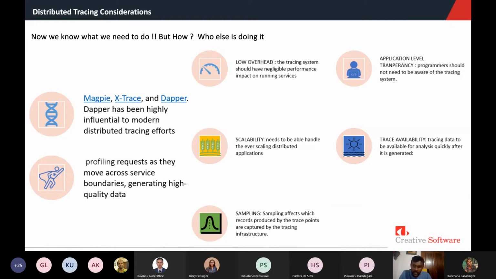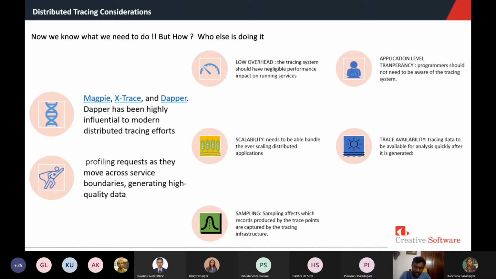Then you need application-level transparency, where the underlying distributed tracing infrastructure, or the way the traces are collected, whether the collectors can collect the traces or not, shouldn't be visible to any of the application logic that's running. The application should be able to continue with its own work, whether the tracing system worked or not. That has to be carefully planned and designed: whether the tracing system works or not, the application cannot be interrupted, but we should still be able to collect the traces.